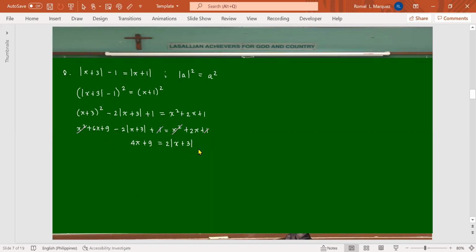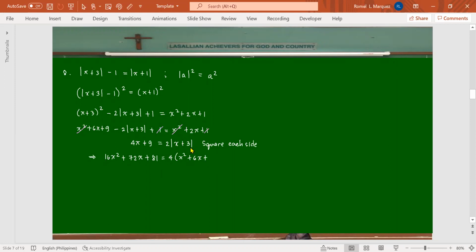So isolate again the expression with absolute value. So we square this again. Square each side. Okay? So this is 16x squared plus 72x, guys? What about this?